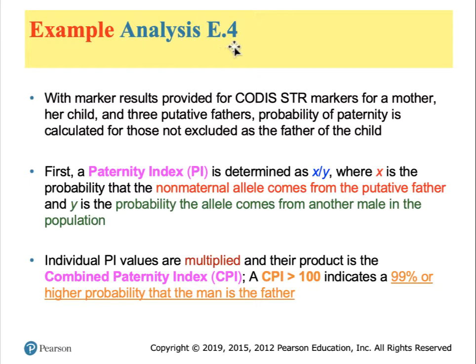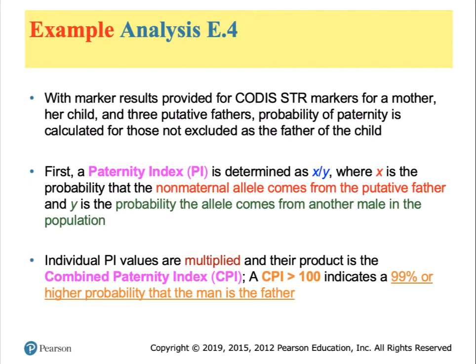Example Analysis E.4 from the chapter presents a case where we know the CODIS STRs for the mother, we know them for the child in question, and then we have 3 potential fathers whose CODIS STRs have already been calculated. And we're trying to find the probability of paternity from these results.